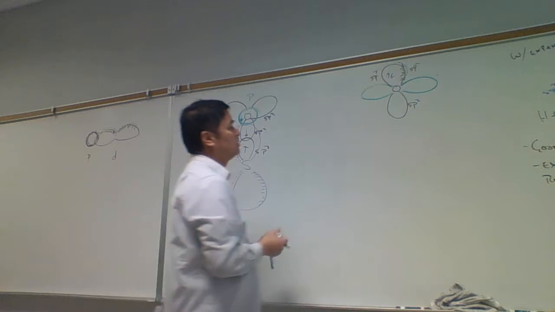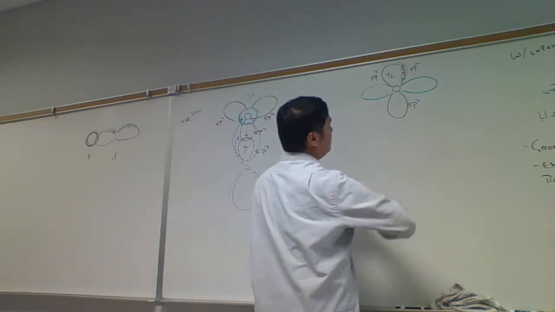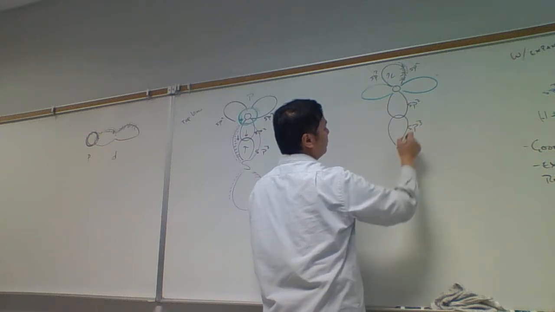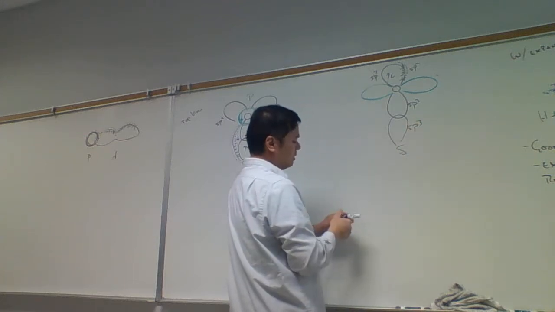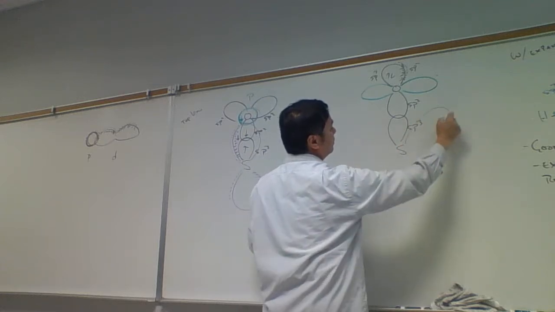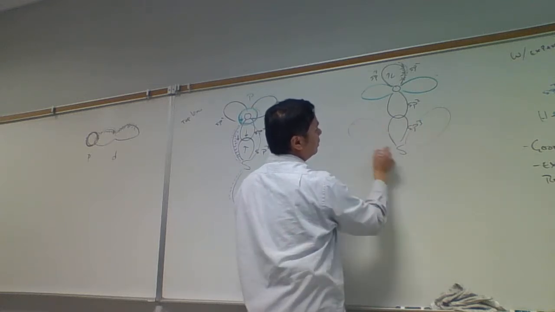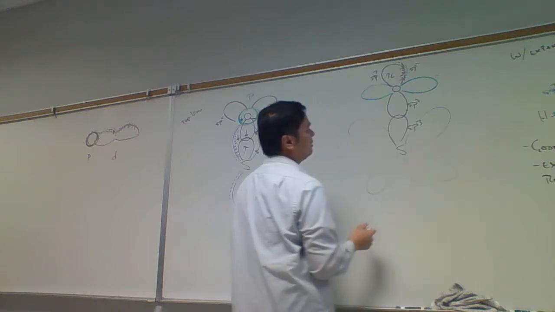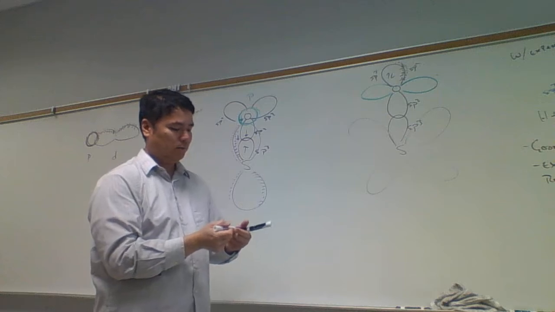Then on sulfur, we would have the d orbitals here. Well, sulfur is going to be having this sp3 here. And then we'll just draw the d orbitals like this. The d orbitals are like this 4-leaf clover type arrangement here.